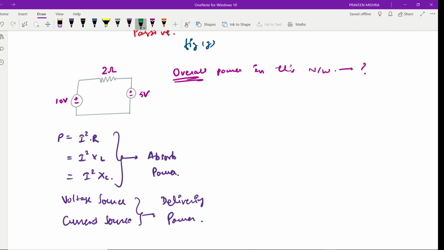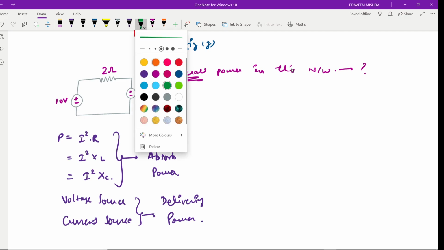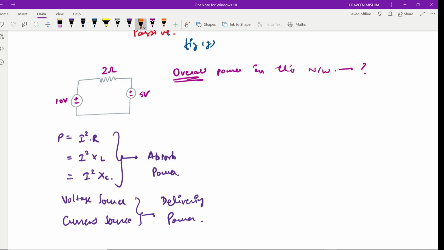Okay, but generally, those things happen under certain conditions. Like this one is the voltage source of magnitude V.